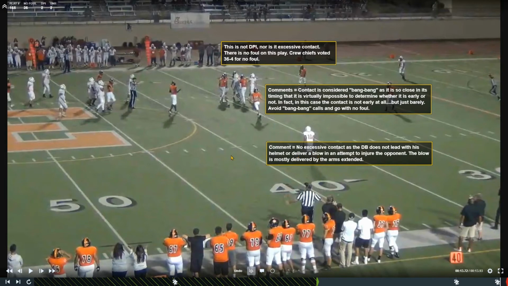This last one, no excessive contact, as a DB does not lead with his helmet or deliver a blow in an attempt to injure the opponent. Now, guys, I don't know where that comes from. That's not how we judge excessive contact. We got to see a hit in the strike zone, right? We got to see a wrap, and I'm not seeing that here.